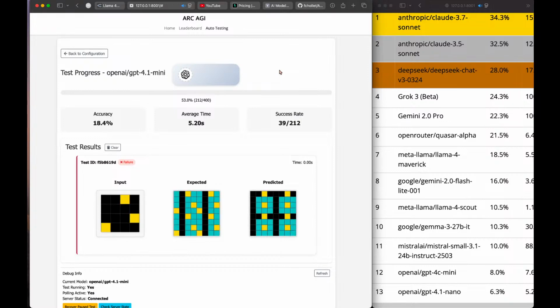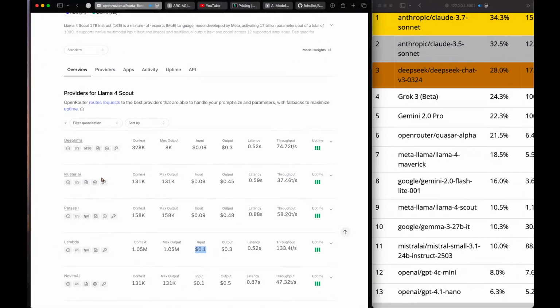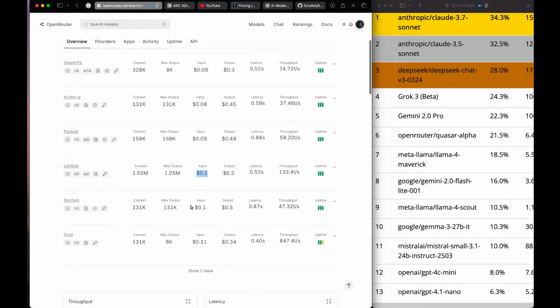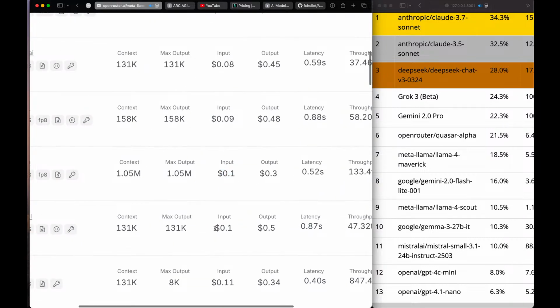Yeah, Llama 4 Scout is cheap when it comes to the FP8 version. The BF16 version, I guess they are a bit pricey. This Novita AI, that is pricier.